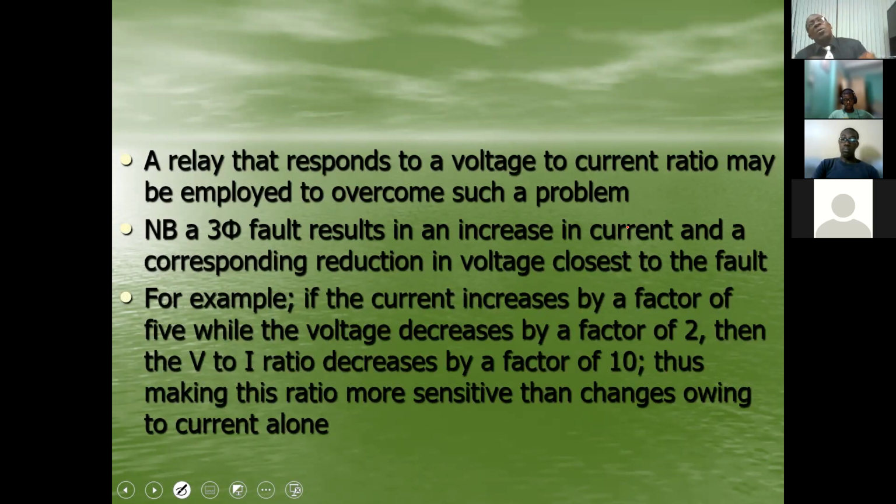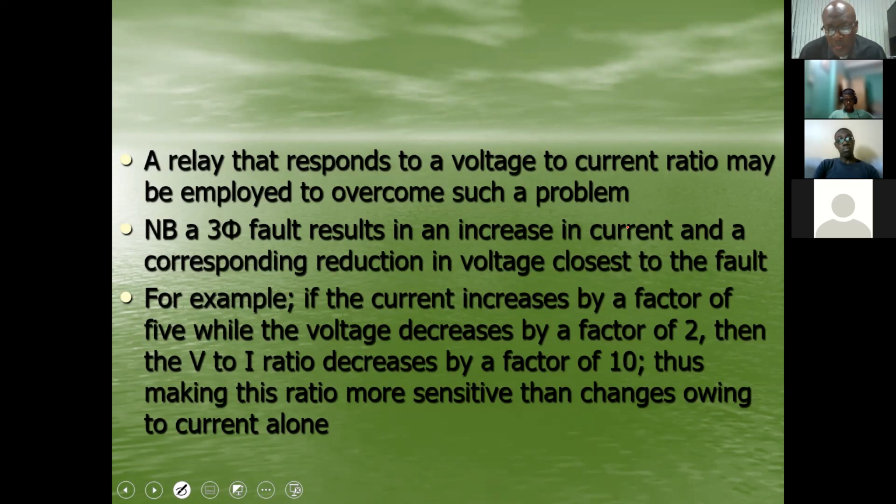So if we think now about the impedance relay, remember we said that it is based on the impedance that is measured being less than the preset value. So if I have the example we have here, if you have a current that increases by a factor of 5 and the voltage collapses by a factor of 2, then the ratio would decrease by a factor of 10.